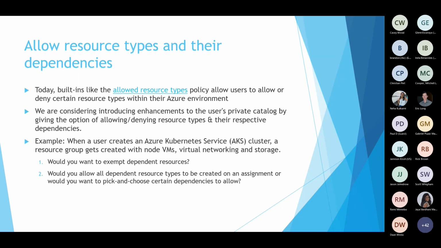But my point is that you might still want the granularity of preventing AKS from creating its own VNets, because you may want to force users to use an existing one. Does that make sense? Yeah, but the existing one is covered under existing VNet policies. That's true. It would have to have a separate exemption and everything.